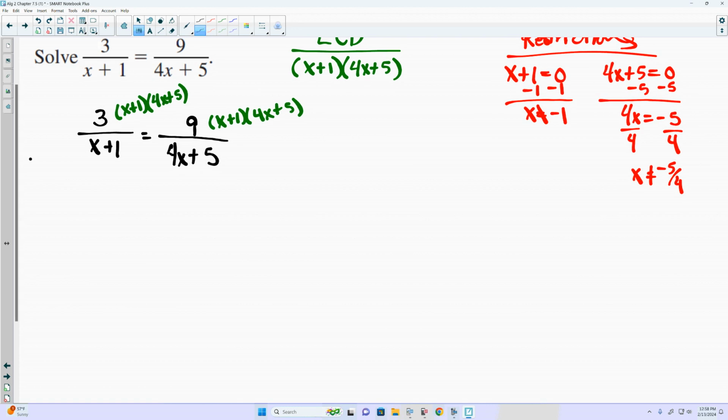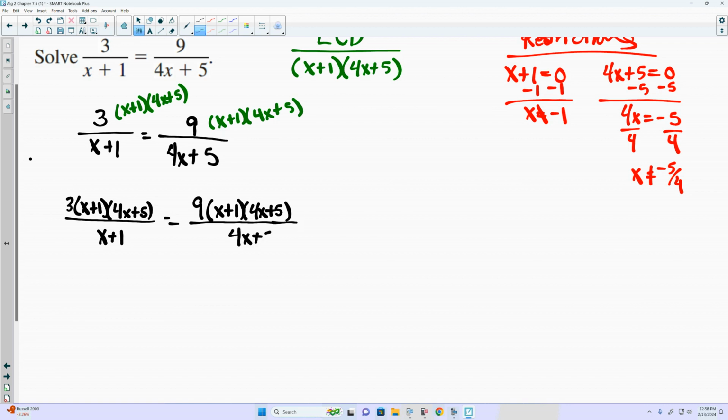Now for the first one here, when we do this, we're multiplying it by the numerator only. So we'd have 3 times our x plus 1 times our 4x plus 5, still over our x plus 1. On the other side, we'll have 9 times our x plus 1 times 4x plus 5 over 4x plus 5.